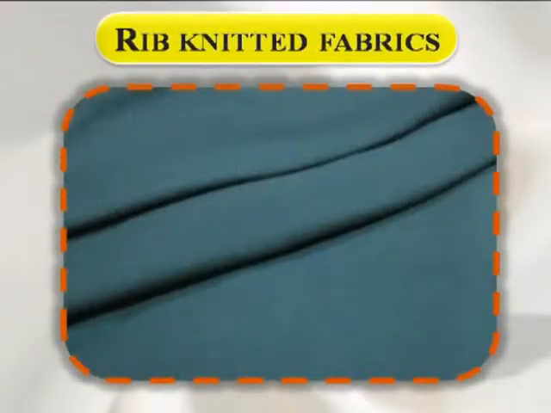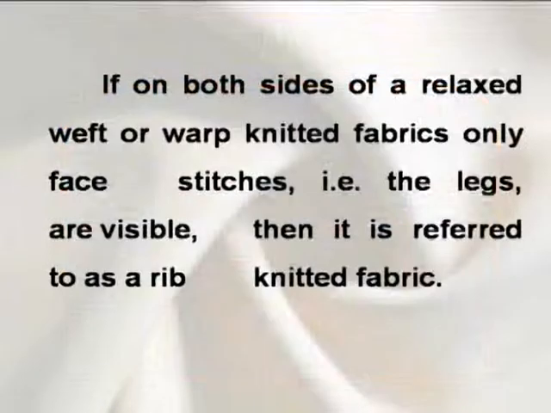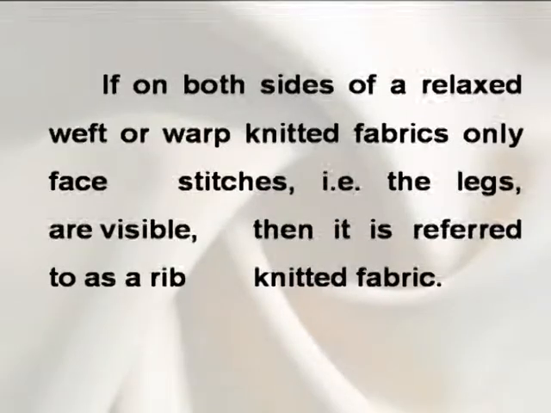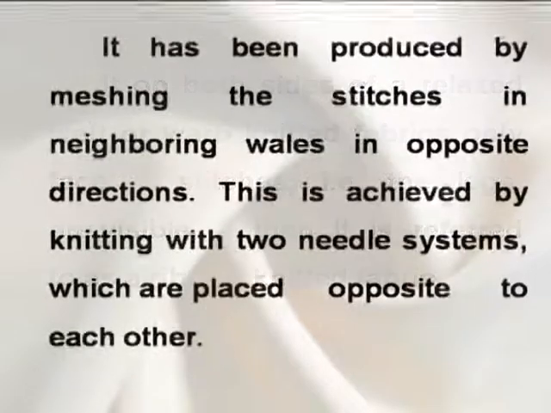Rib knitted fabrics. If on both sides of the relaxed weft or warp knitted fabrics only face stitches, for example the legs, are visible, then it is referred to as a rib knitted fabric.